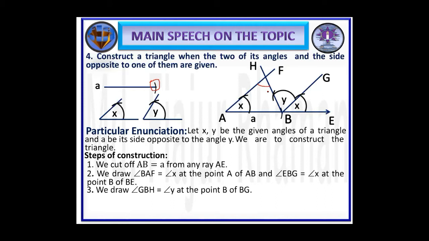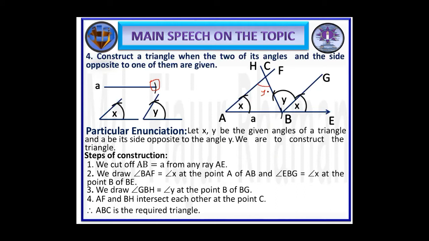That's why this angle is Y. It is opposite to the side A. I think it is very clear. We have drawn the same angle at the points A and B equal to angle X. AF and BH intersect each other at the point C. Therefore, ABC is the required triangle.